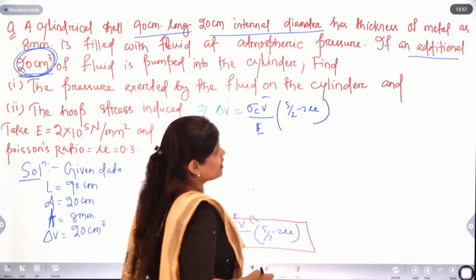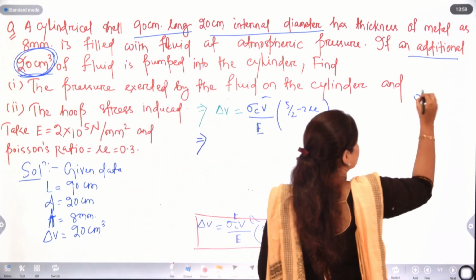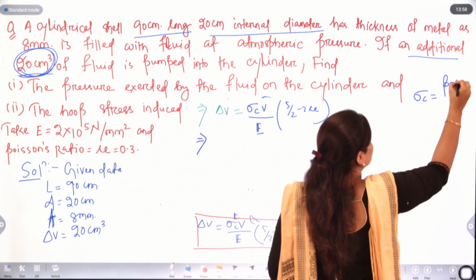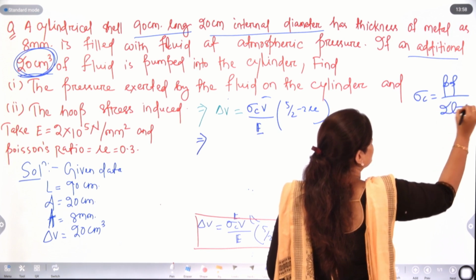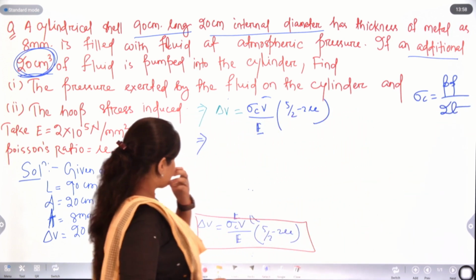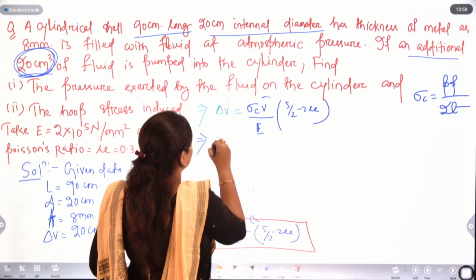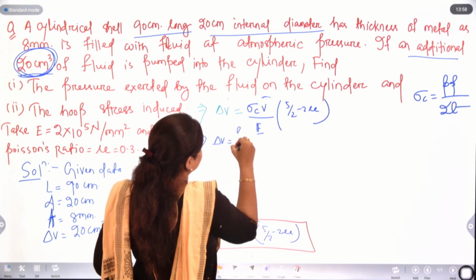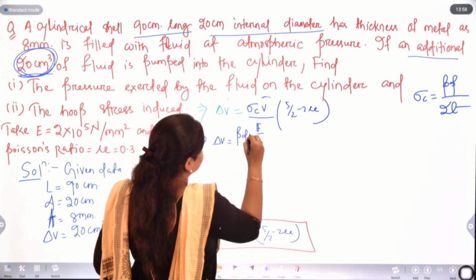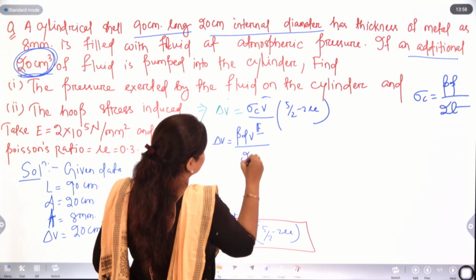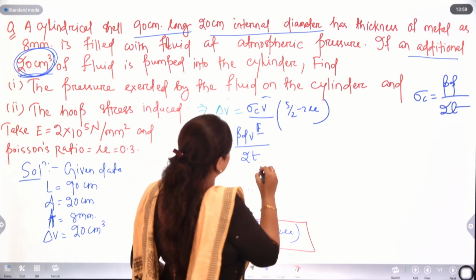So what can we write in case of sigma C? Sigma C is equal to P d upon 2T. We can write it here. Right?